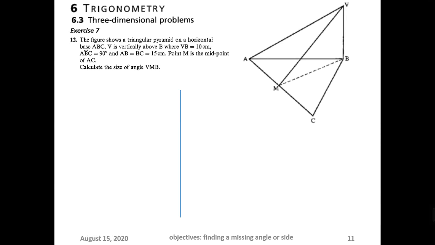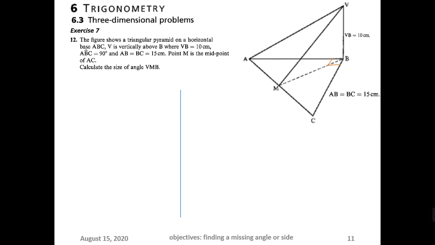As you can see in this figure, we have a triangular pyramid, and what's given to us in this question: the length of VB is 10 centimeters. Angle ABC, which is on the floor, is 90 degrees, as it is given to us in the question. The length of CB is equal to the length of AB, which is 15 centimeters.